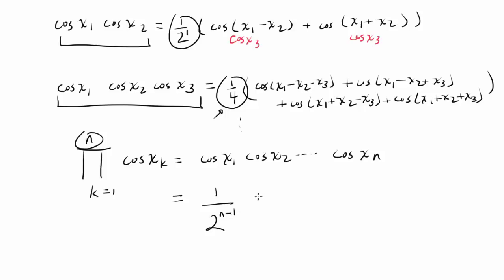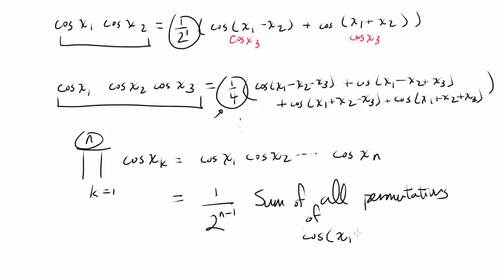And inside, we have the sum of all permutations of cosine of x sub 1 plus or minus x sub 2 plus or minus all the way to plus or minus x sub n. So that's what we have right here.